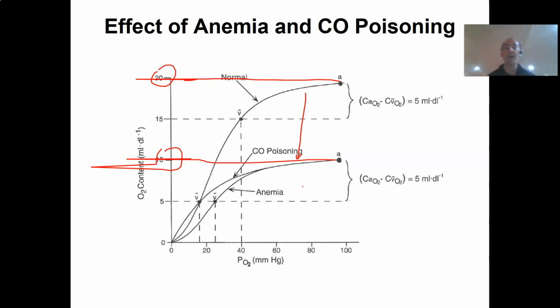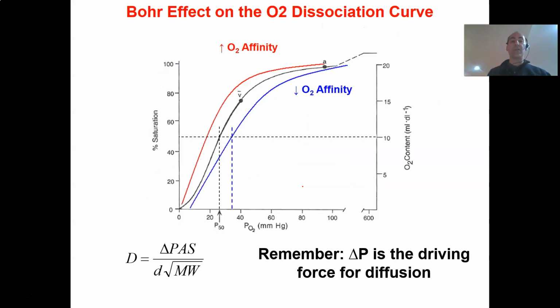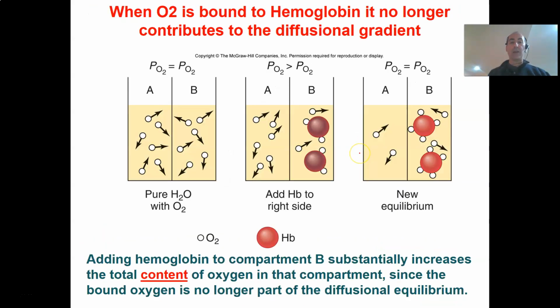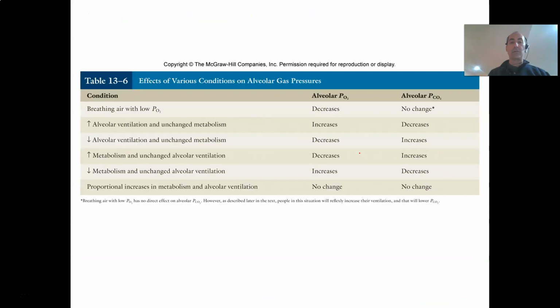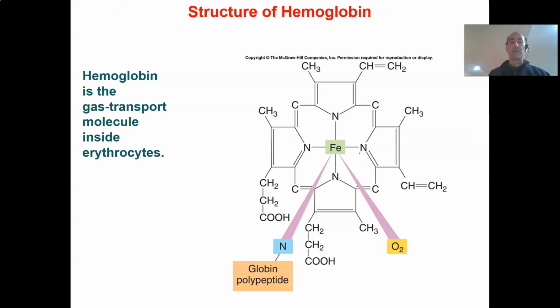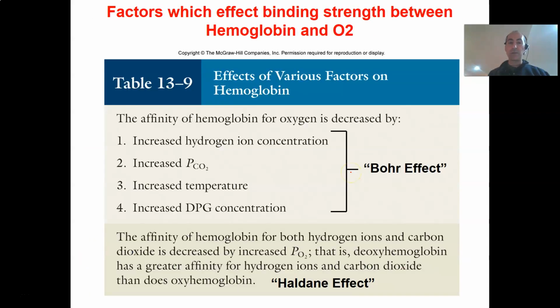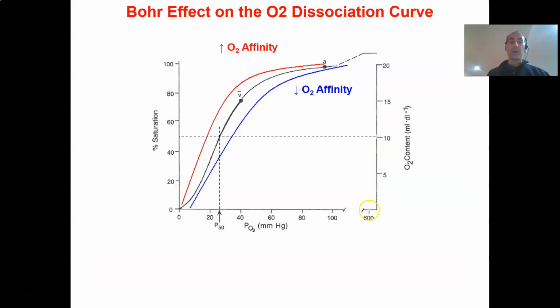For carbon monoxide, you have to use high concentrations, 100% O2, which will elevate the PO2 to about 600 or 700.